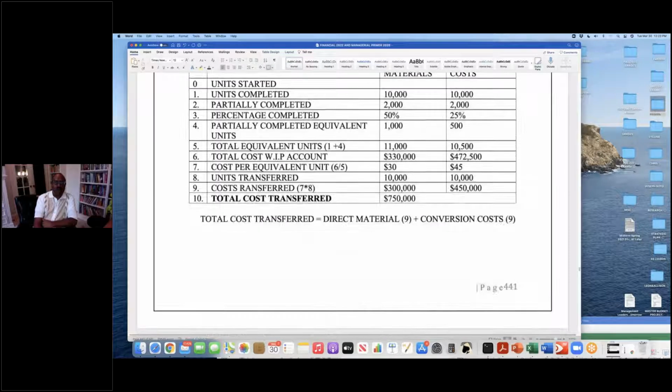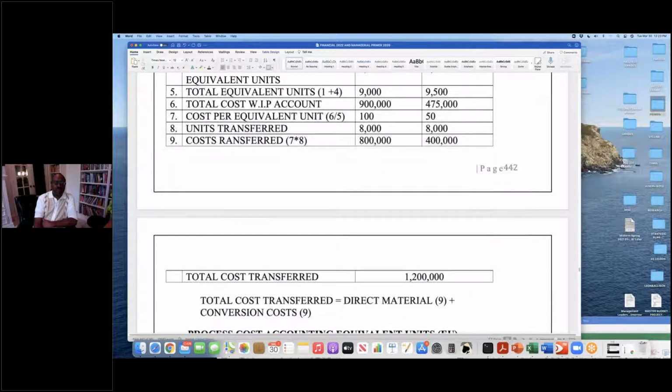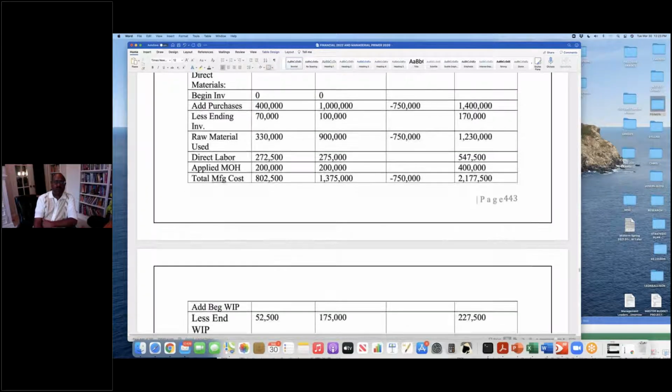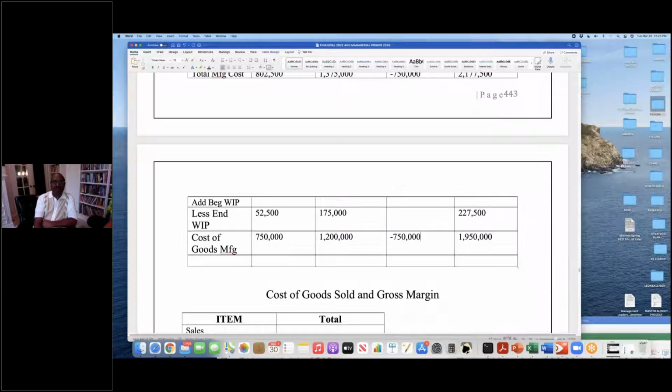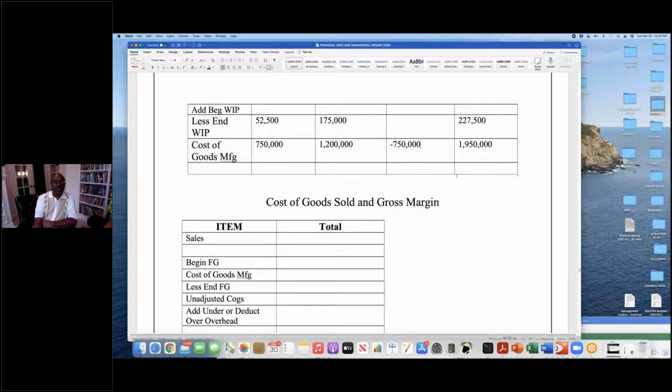So we're going to subtract out the overlapping costs that we transferred. And once we do all the subtracting out, then we're going to get to our 1,200,000. Okay, so we still have to get back to 1,200,000.